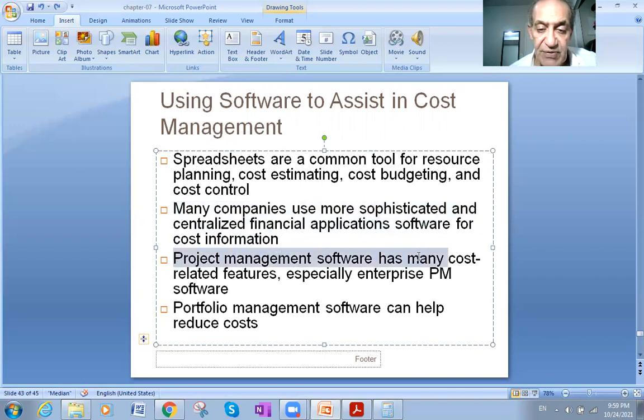Project management software has many cost-related features, especially enterprise project management software. Portfolio management software can help reduce costs. Again, using software and spreadsheets in estimating, budgeting, and cost control can also reduce cost because it's more punctual.